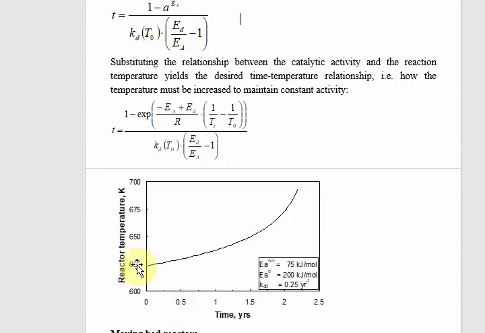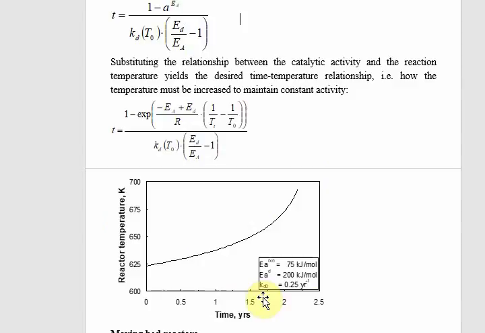So in order to maintain the same initial reaction rate, we have to ramp up the temperature like this over a time of 2 years. So going from 625 Kelvin to close to 700, that's quite easy to do, right? We are only increasing temperature by 75 Kelvin over a period of 2 years.